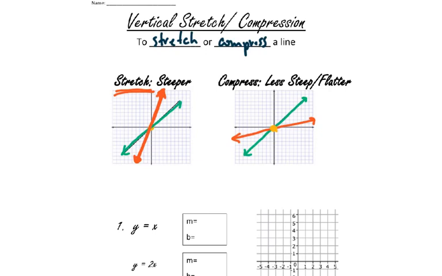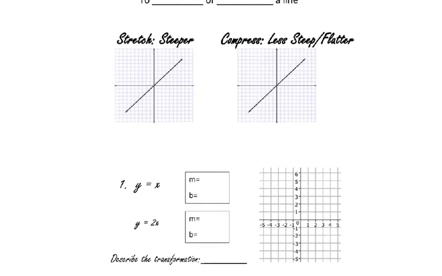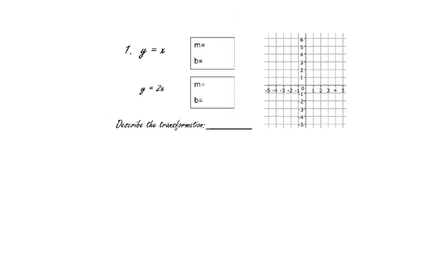Okay, so let's try a couple of these. Again, we always start with our parent function in this piece. In our parent function, there's no number in the back, so that's a 0. My slope is 1, so that's 1 over 1. Okay, so here's my line, y equals x.